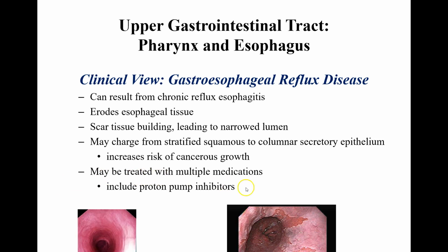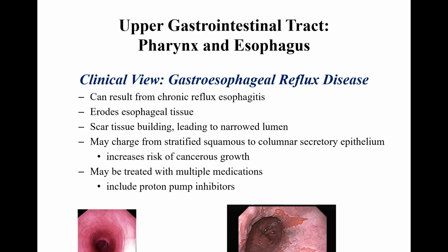Typical treatments are going to use lifestyle changes, definitely food changes, and they're probably going to give you something that will decrease the amount of gastric juice you produce. One of the major issues with GERD is that you can actually form esophageal cancer. The esophagus is composed of stratified squamous epithelium as its outer layer, and it has that nice thick mucous membrane, but the stratified squamous epithelium is not made for handling that acidic environment.